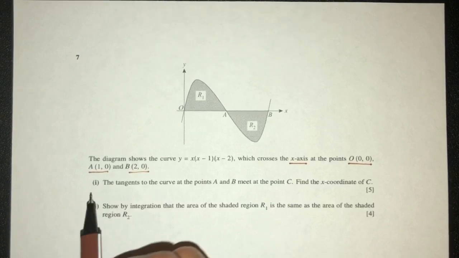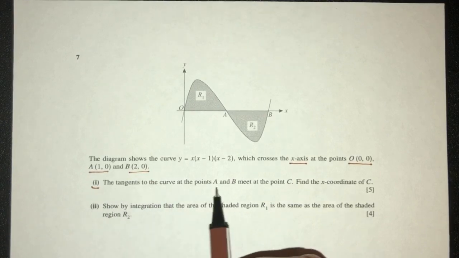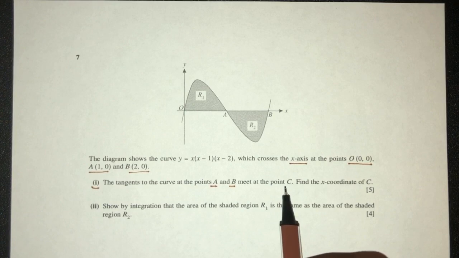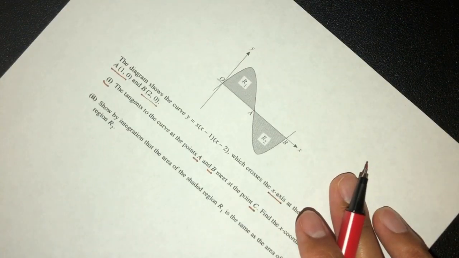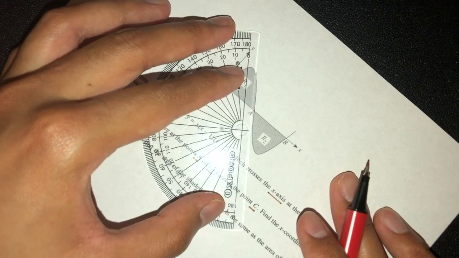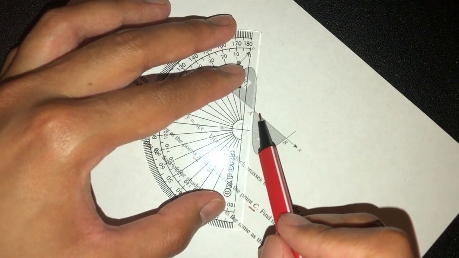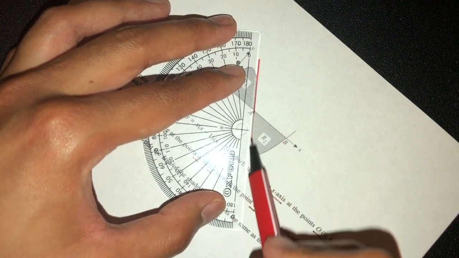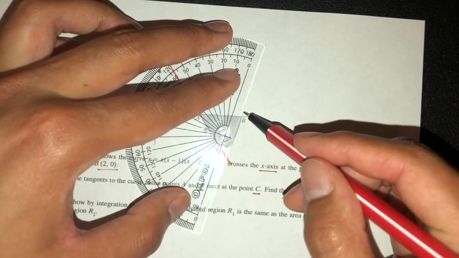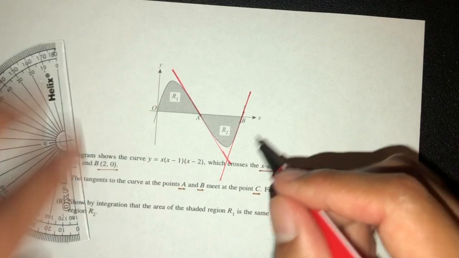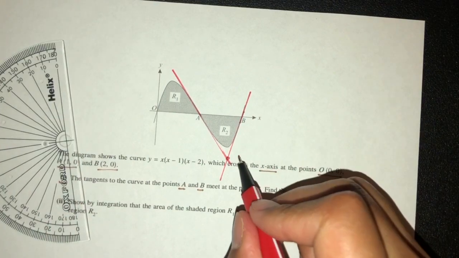Now part 1: the tangents to the curve at A and B meet at the point C; find C. So we have a tangent at the point A and B. A tangent is simply a line, for example in this direction. The tangent at B should be in this direction. They meet here, and this is your point C.